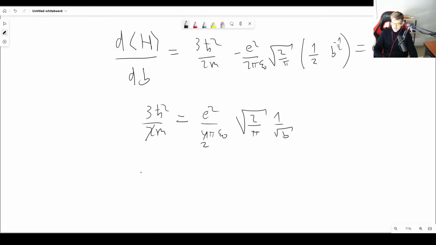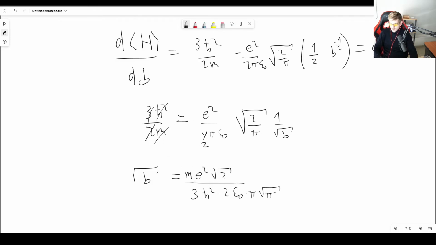Well, now let's solve for b. So square root of b is e squared times m times the square root of 2 divided by 3 h bar squared times 2 epsilon 0 times pi and times the square root of pi, I guess. Let's see, so m is here, 3 is here, h bar squared is here, e squared square root of 2, that's 2 pi epsilon 0 square root of pi.